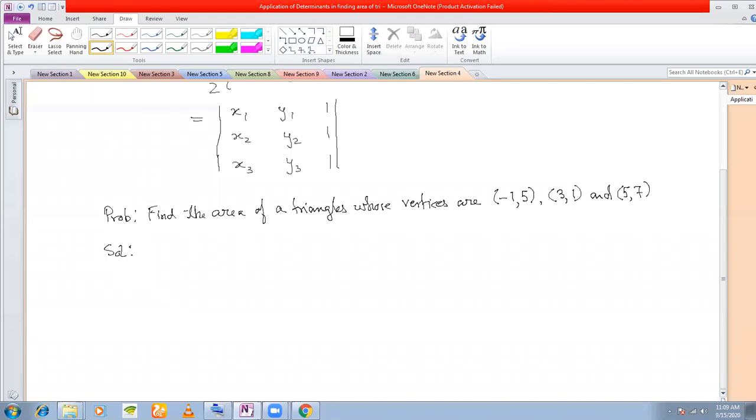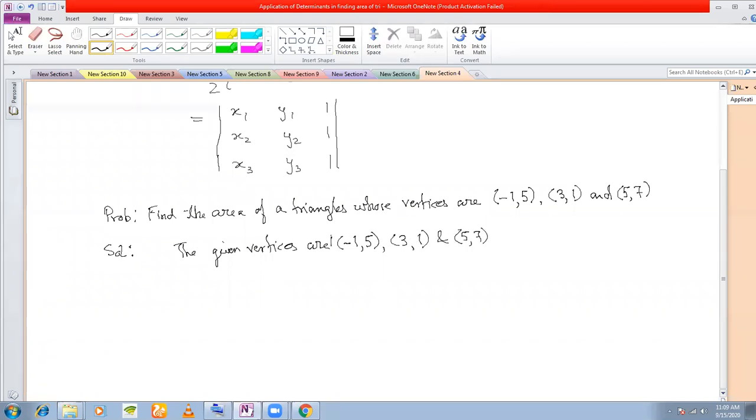Solution. So the given vertices are (-1, 5), (3, 1) and (5, 7).